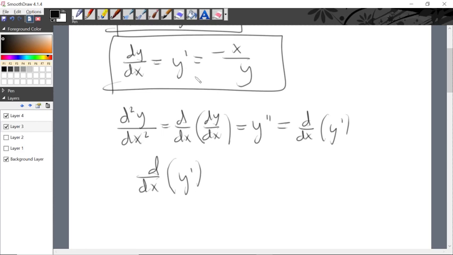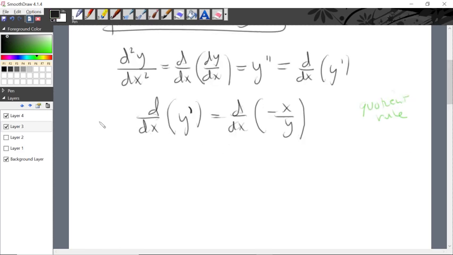Derivative with respect to x of y prime is equal to the derivative with respect to x of negative x over y. And to differentiate the right-hand side, we're going to need to start with a quotient rule. On the left-hand side, the derivative of y prime with respect to x is just y double prime.